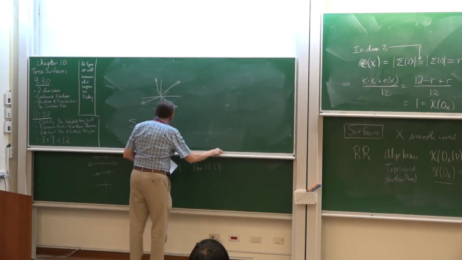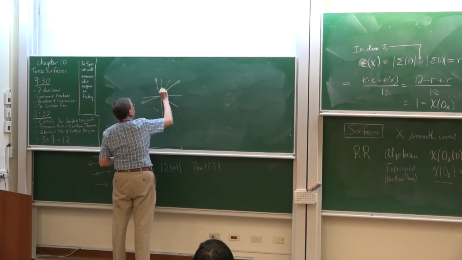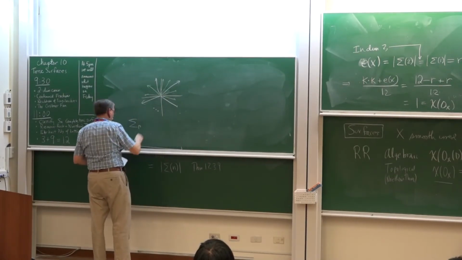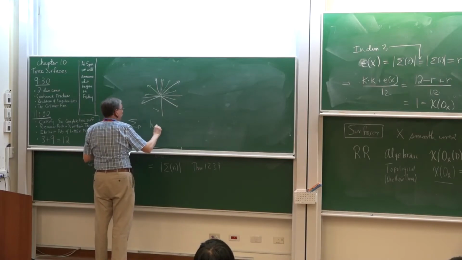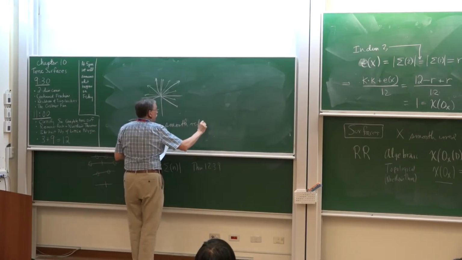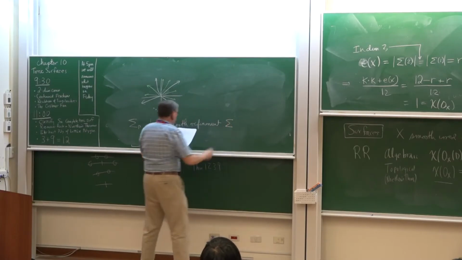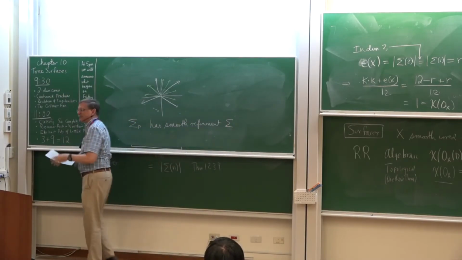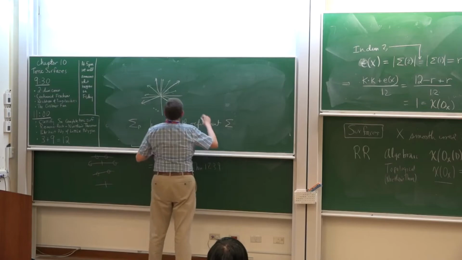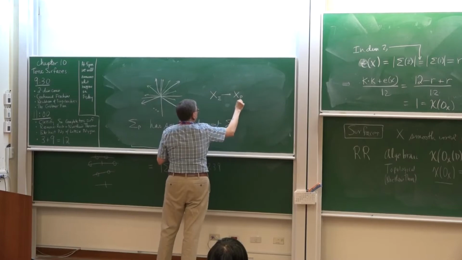But of course, back in the first part, we learned how to resolve those, so I can get a smooth refinement. I'll call that sigma, and again, that's created using this technology. And so we get a map from X sigma to X P.